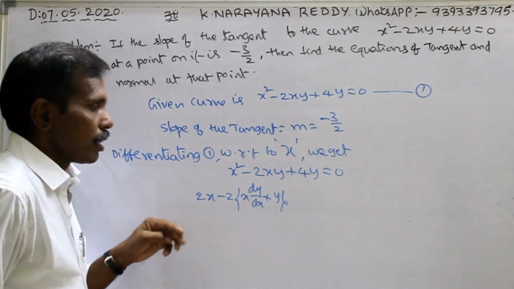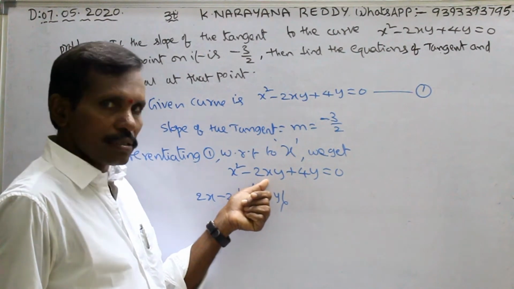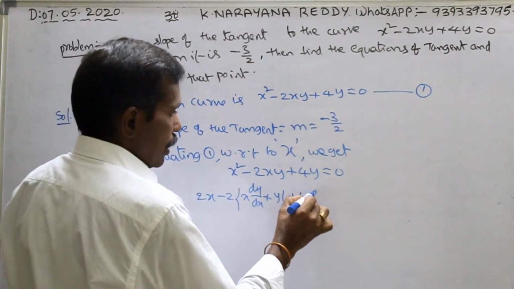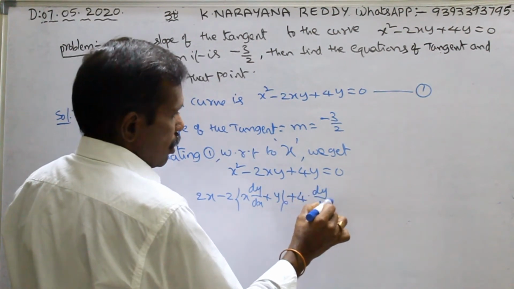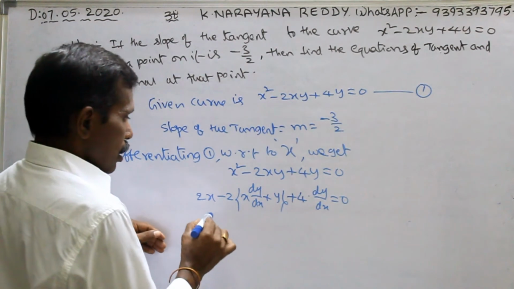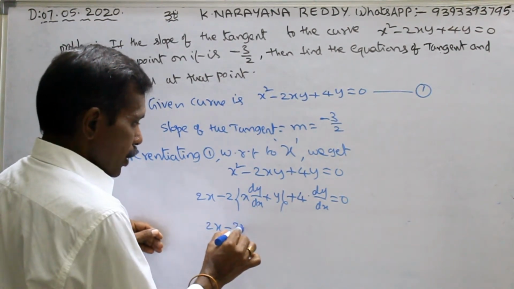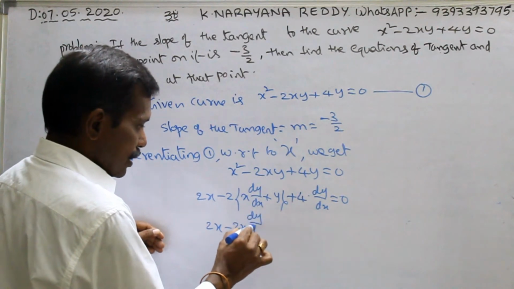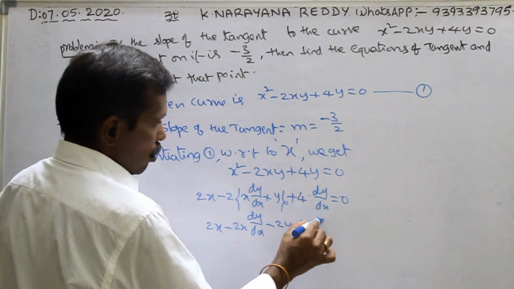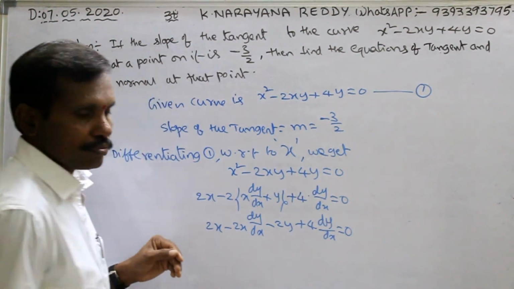Why? Because d/dx of x is 1, so this is the product formula here. Plus 4 dy/dx equals 0. Now 2x minus 2x dy/dx minus 2y plus 4 dy/dx equals 0.